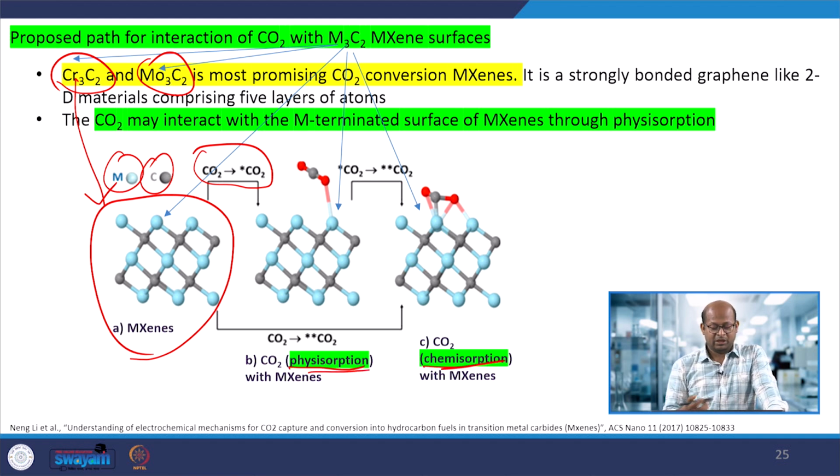When it physically or weakly adsorbs, this type of structure formation is there on the surface of the metals, and on the surface of the metals CO2 gets adsorbed or chemically bound.